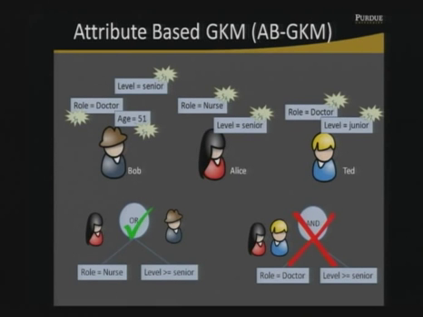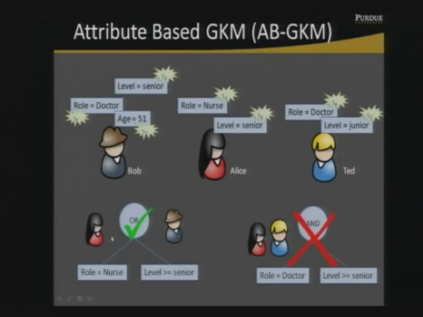So if you recall, each user has a set of attributes. In this, the policies are specified using the identity attributes. So for example, here is a simple policy. This policy says that the role should be nurse, or the level should be greater than or equal to senior.